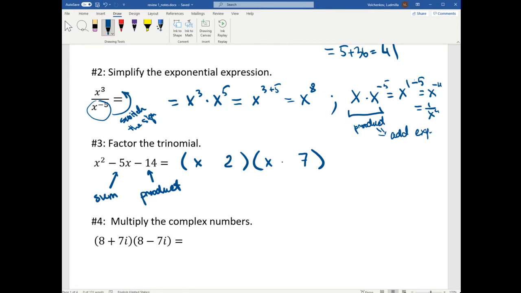It means that we must take negative 7 and positive 2. Then the product is negative 14, and the sum, negative 7 plus 2, equals negative 5. Okay, we have factored the trinomial.